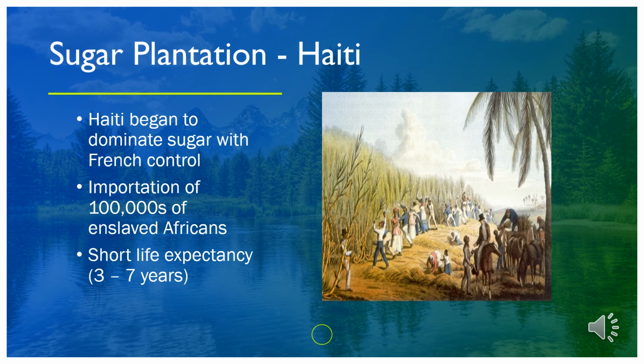Many people would pass away from overexertion, but they also passed away from the spread of disease, such as yellow fever and malaria, that are carried by mosquitoes. And sugar plantations were known to have large pools of standing water, which are grounds for mosquitoes to breed excessively.